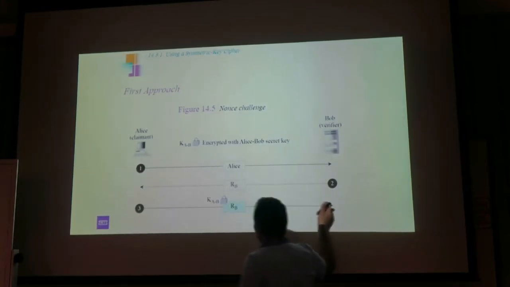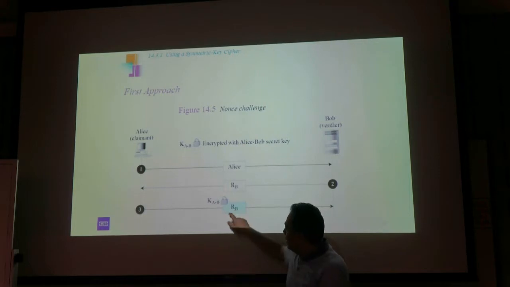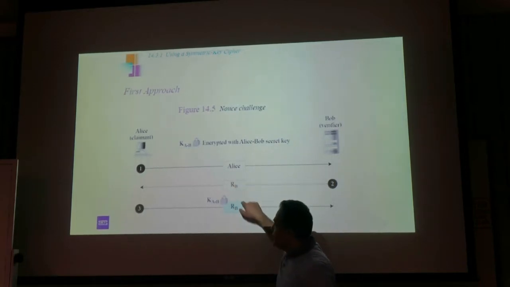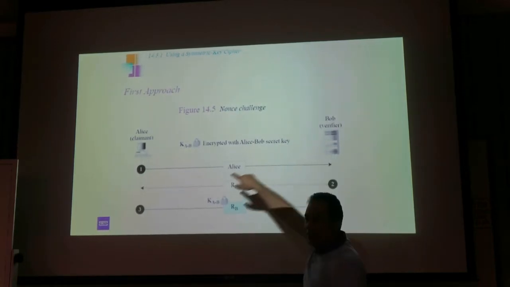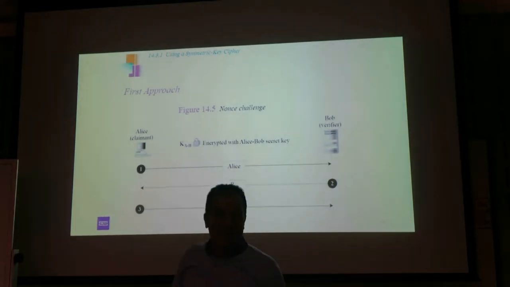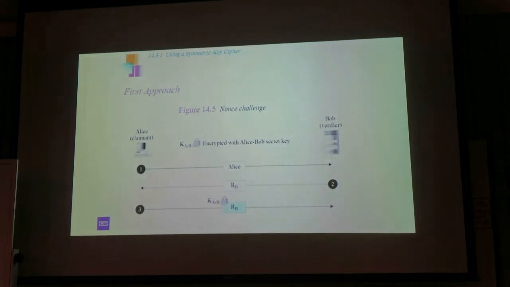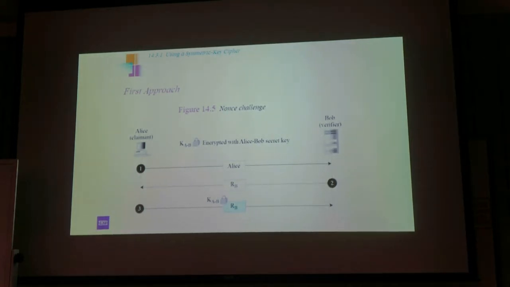Bob unlocks it and checks what is inside the box, RB. If the RB received equals the RB sent, then Alice is verified. Simple?